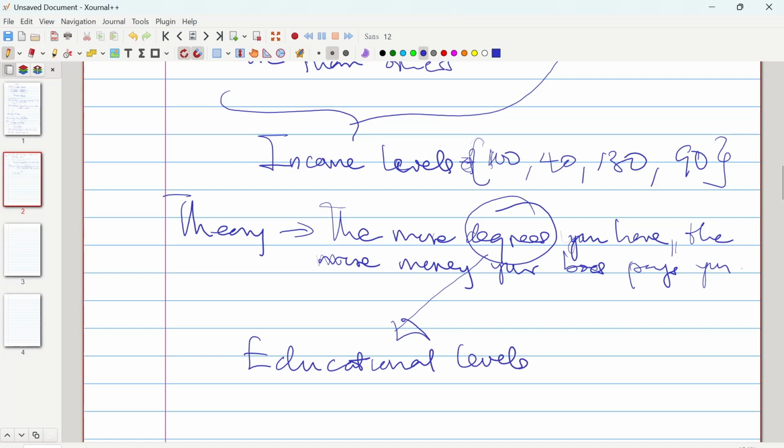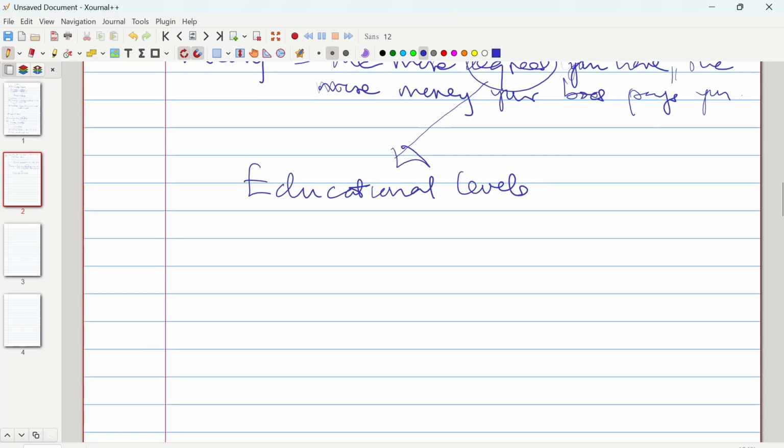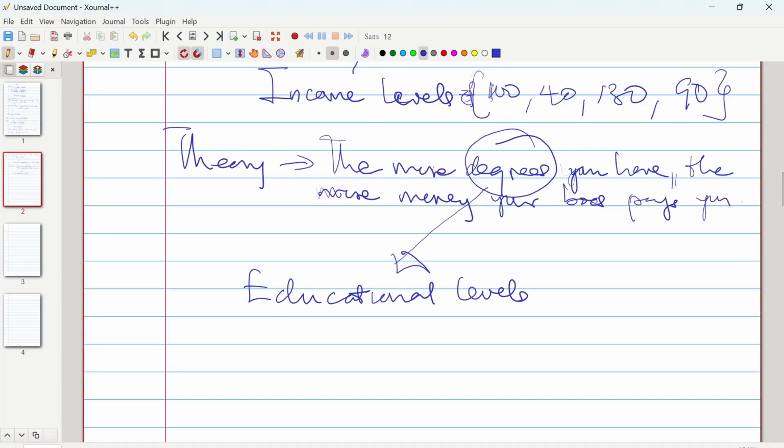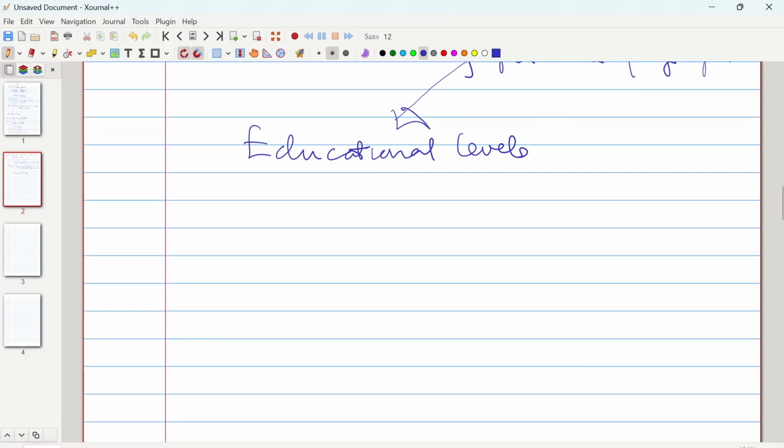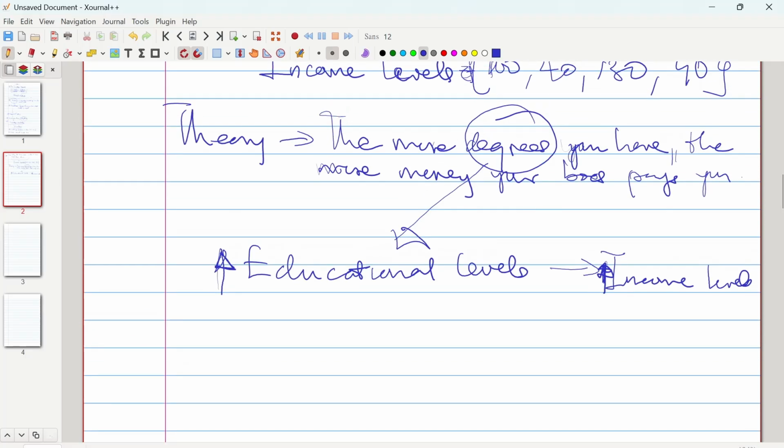If that is my claim, then we can formulate the relationship between educational levels and income levels as such, where educational levels have something to do with income levels. So we are basically saying that the more education you get, the more income you get. Now, this is our theory, and we have been able to formulate the variables in our theory.